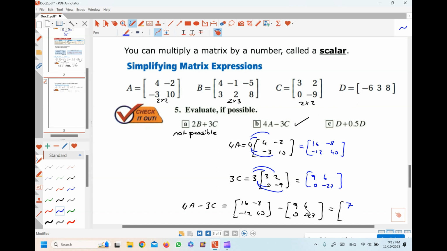Negative 8 minus 6 gives you negative 14. We are done with the first row. Second row, negative 12 minus 0, negative 12. 40 minus negative 27. You add them up because minus minus makes plus. It gives you 67. So this is your resultant matrix.